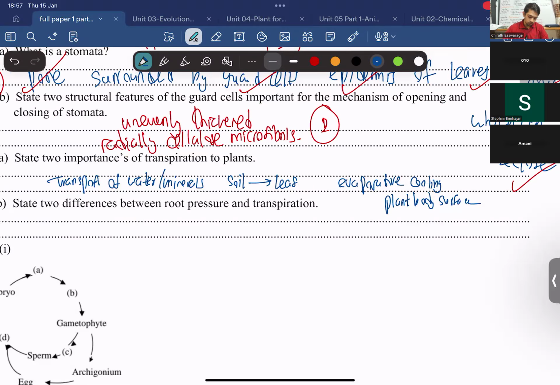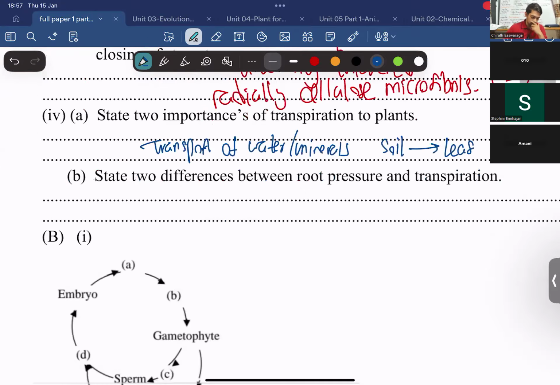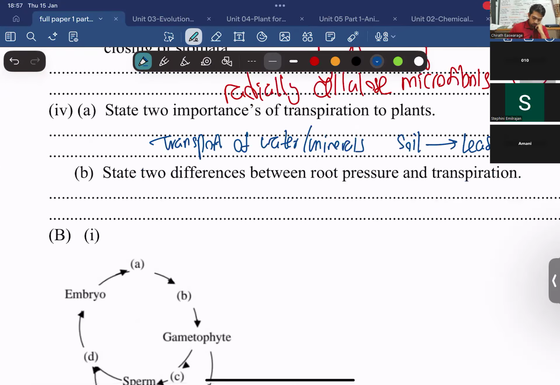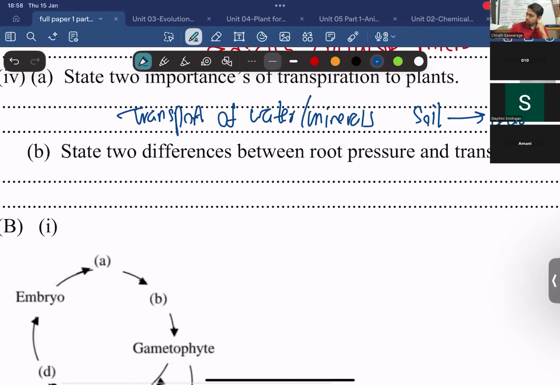State two differences between root pressure and guttation. Guttation is not a beneficial process at all, but transpiration is a beneficial process.